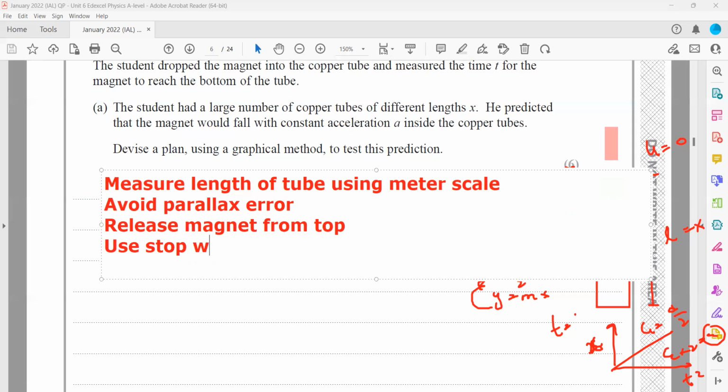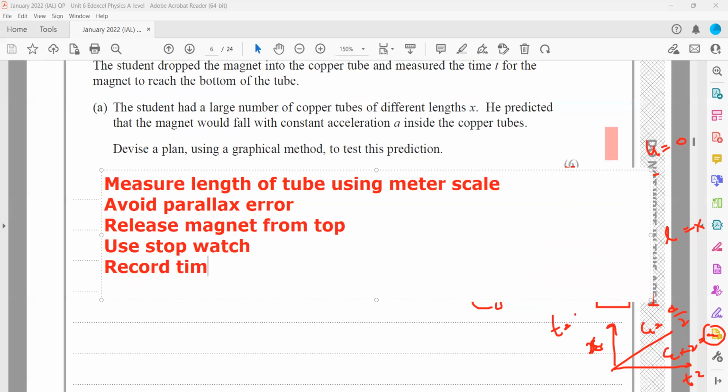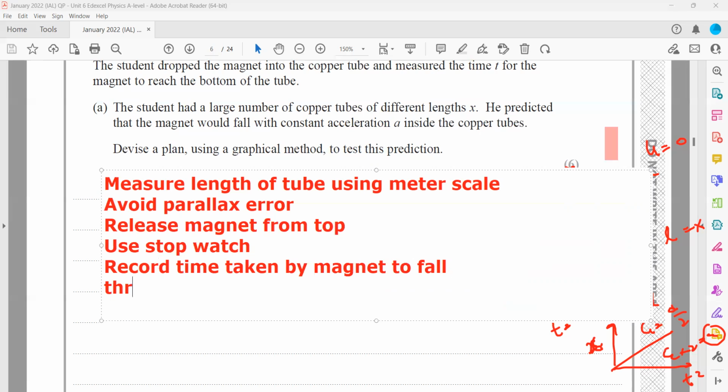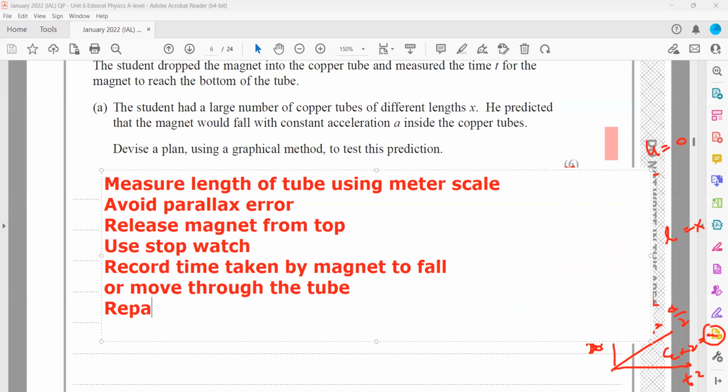We can use a stopwatch, mention the apparatus, and record the time taken by the magnet to move through the tube. Then we repeat. Whenever you repeat an experiment, a minimum of 5 times is okay. So repeat with 5 different lengths.